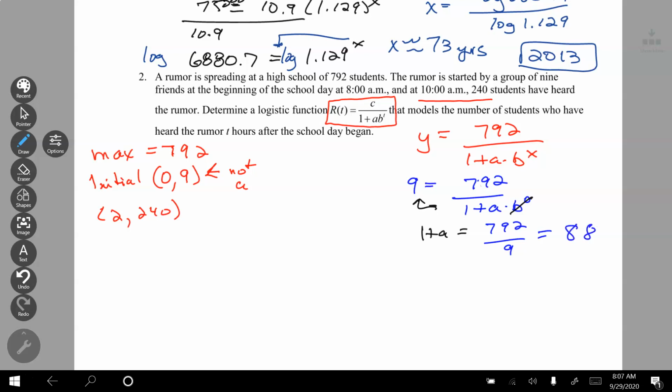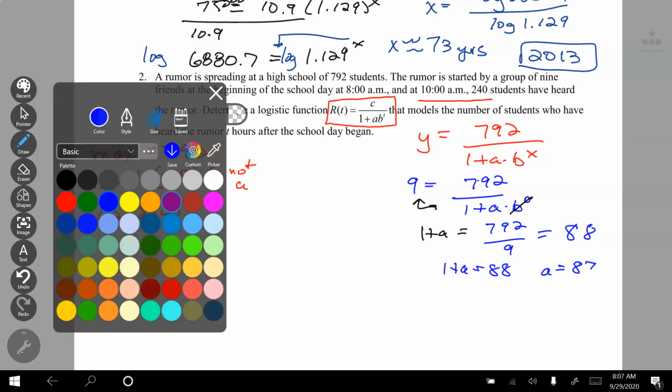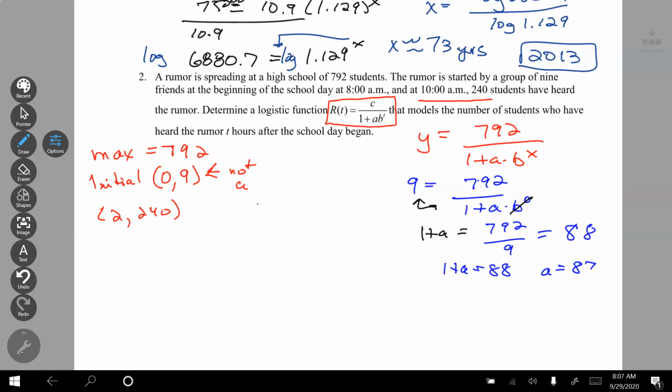Sorry about that. So I have 1 plus a equals 88, so a equals 87. So now my equation is y equals 792 over 1 plus 87 to the bx. That's how far I've got so far.